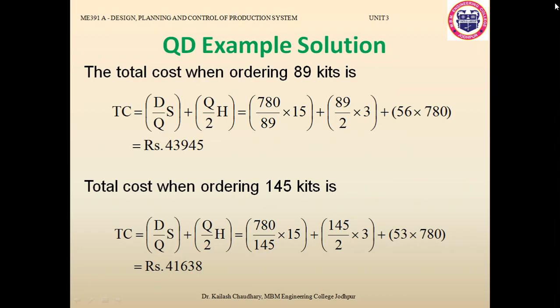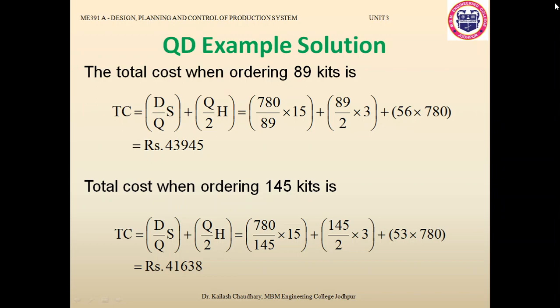And if we order more, because the price is 53 for ordering quantity more than 144, so if I order 145 kits, for this order the total cost will be rupees 41,638. So you can see the difference.